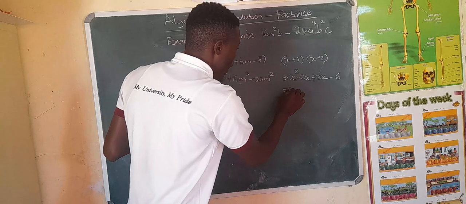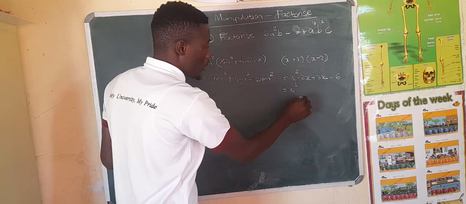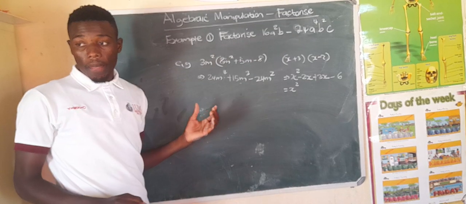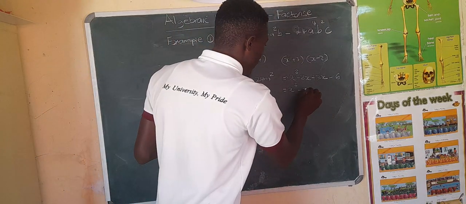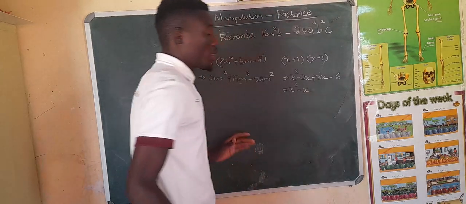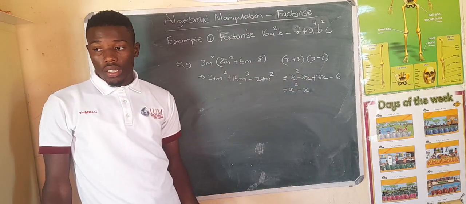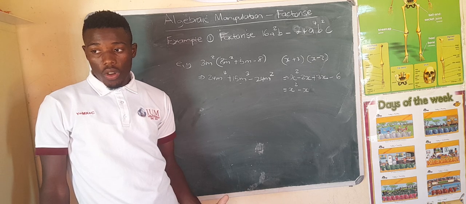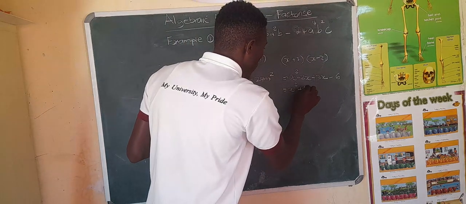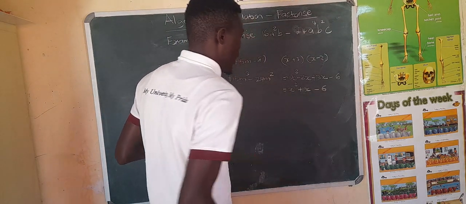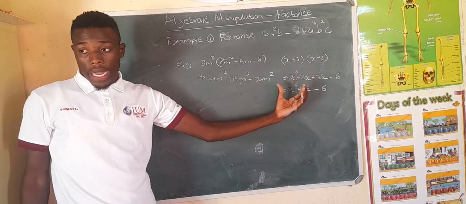And then it will be x to the power 2, and then negative 2 plus 3, we get positive x. Negative 2x plus 3x, negative or positive? Positive x minus 6. Okay?